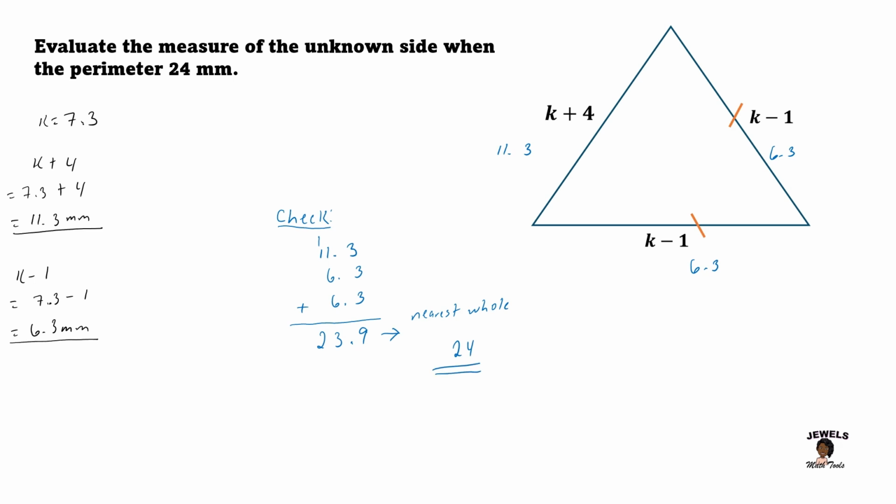So when you're working out these type of questions where your answer doesn't come out exactly, or you didn't have a terminating decimal number where that number divided out completely and you got an exact answer, in cases like these where you have those repeating decimal numbers, you would usually have an answer that would be similar to this. You would get an answer that would be close to the actual perimeter amount that you're given, and in rounding the answer off, that will bring you to the 24 that you actually should have had.